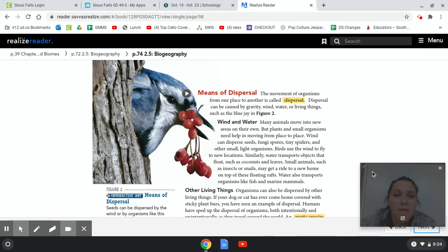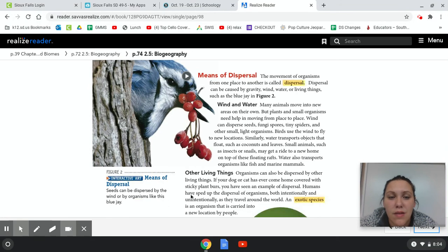Dispersal isn't physically a bird flying to a different area. It's things like dispersing berries or dispersing seeds, or in your book, it says dispersal can be caused by gravity, wind, water, or living things such as the blue jay.